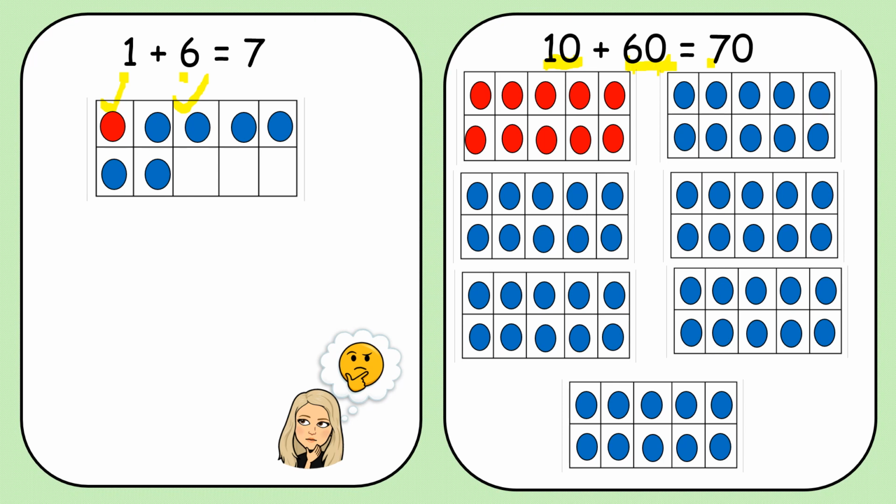So if you know that 1 add 6 is equal to 7, then you know that 10 add 60 is equal to 70. And here you can see 1 red and 6 blue. And over here you can see 10 red and 10, 20, 30, 40, 50, and 60 blue. And all together there's 70.